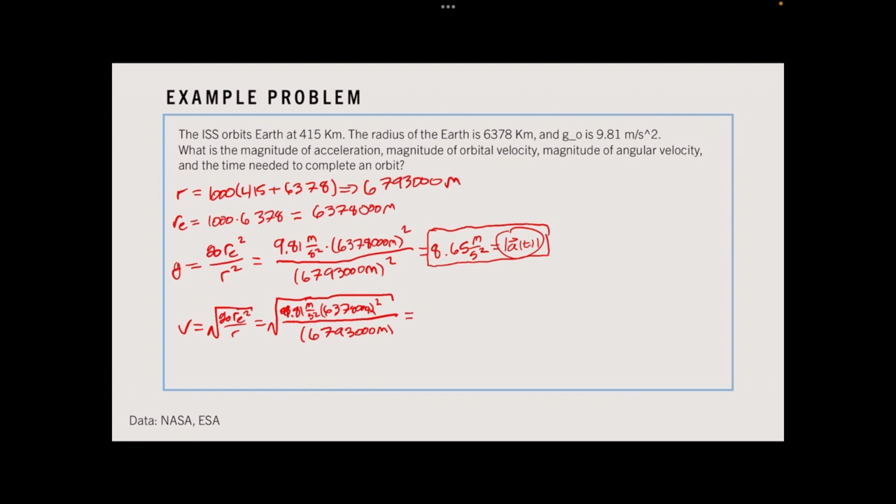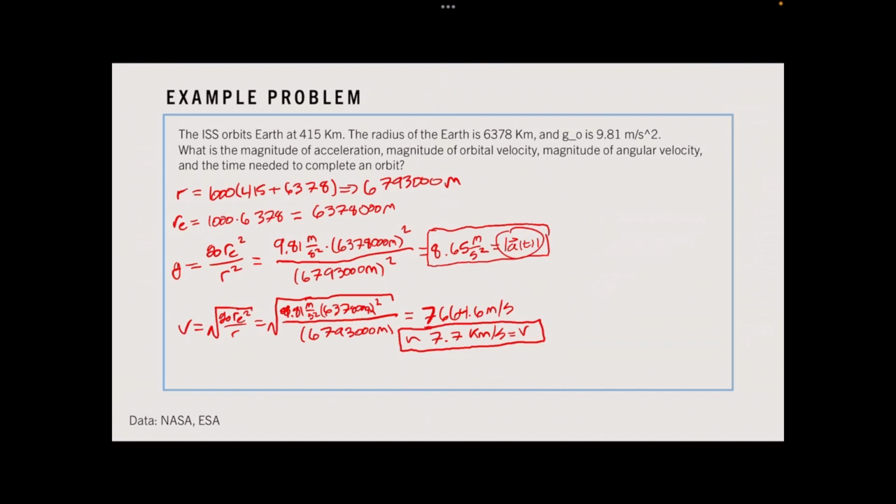What we get is an orbital velocity of 7664.6 meters per second, or approximately 7.7 kilometers per second, which, if you look at the data given by ESA, is pretty spot on for our orbital velocity, so the math checks out here.